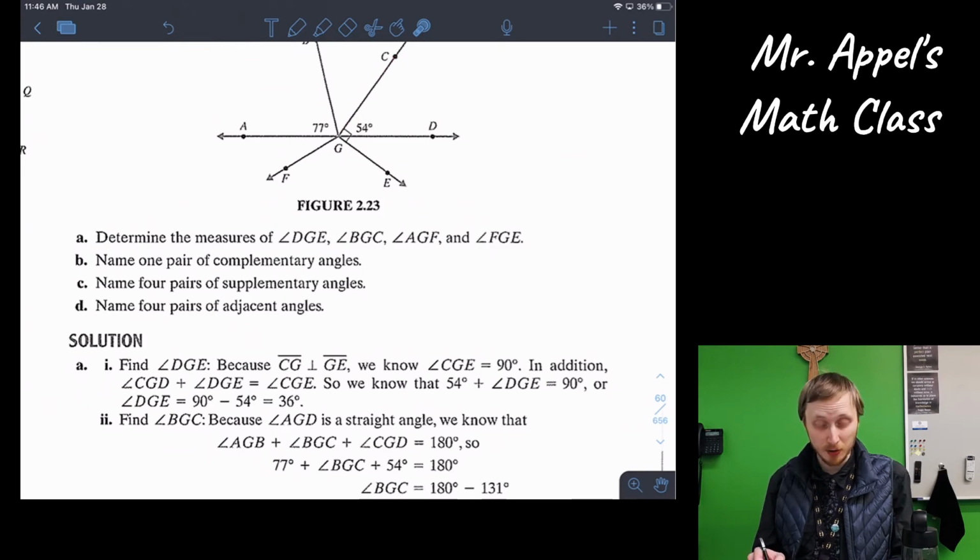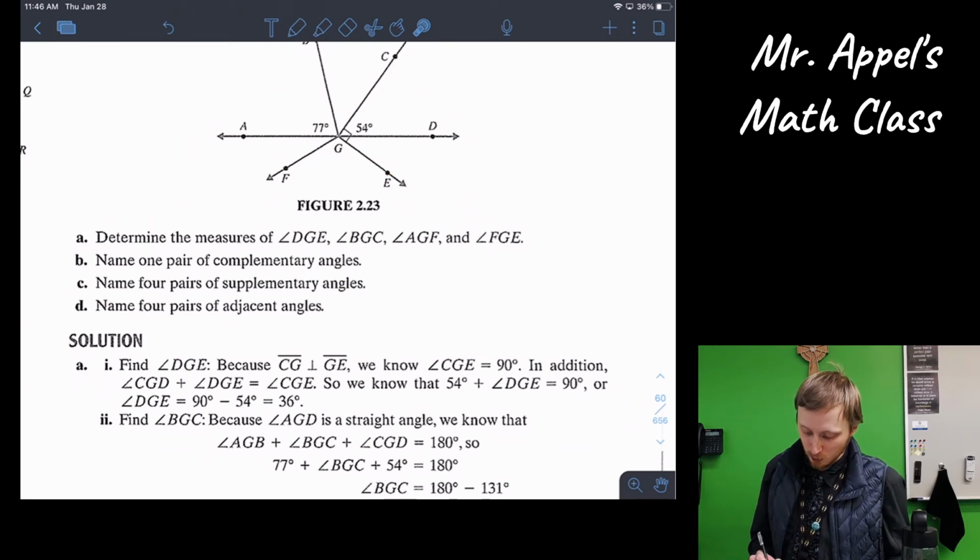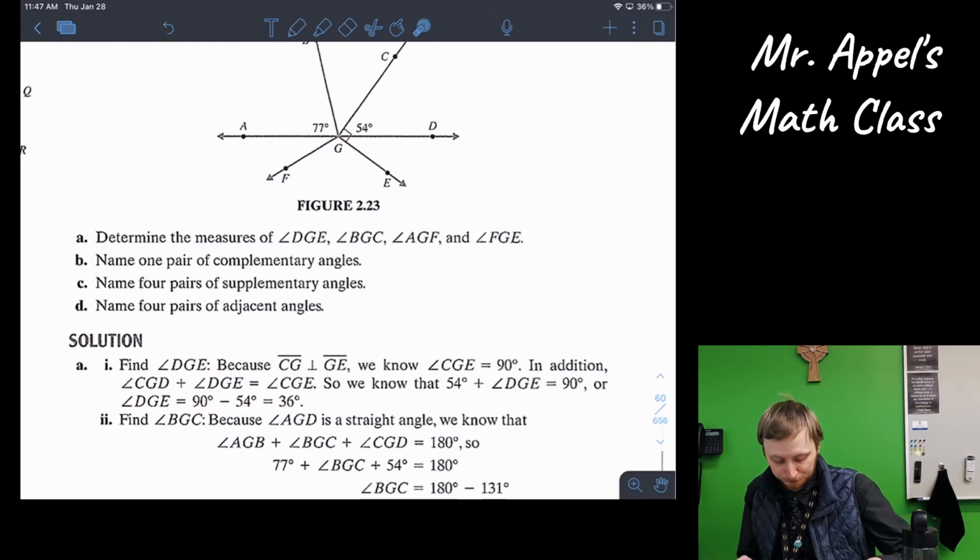We can get that from looking at it, that these two will combine to form the larger one. So we know that 54 plus our missing angle DGE must be equal to 90 degrees, or DGE is equal to 90 degrees minus 54 degrees, which is 36 degrees.